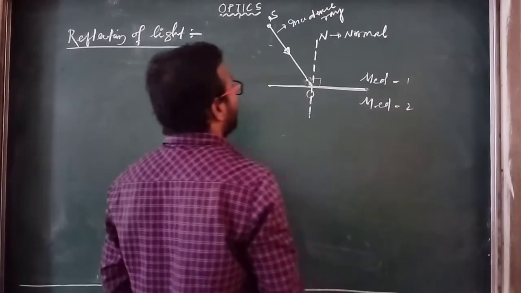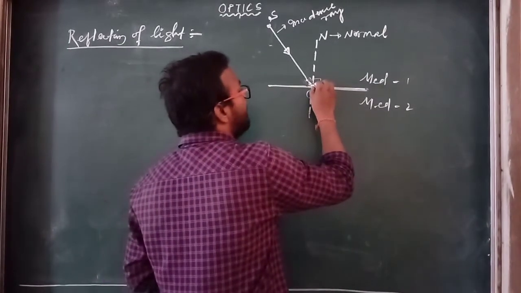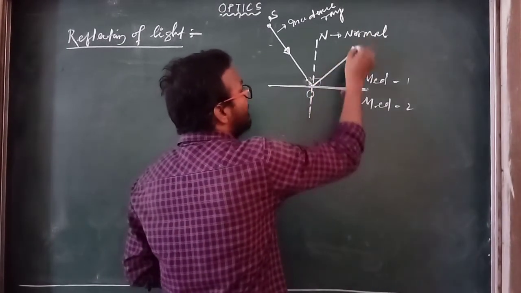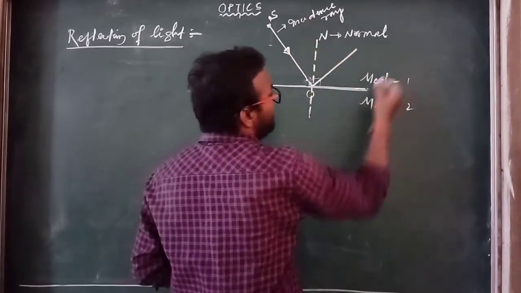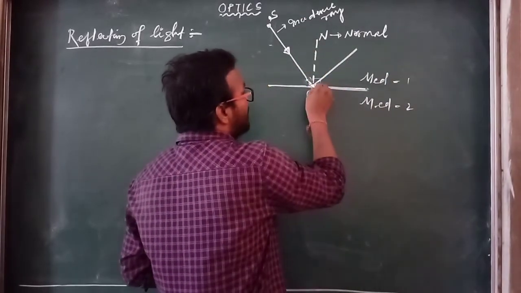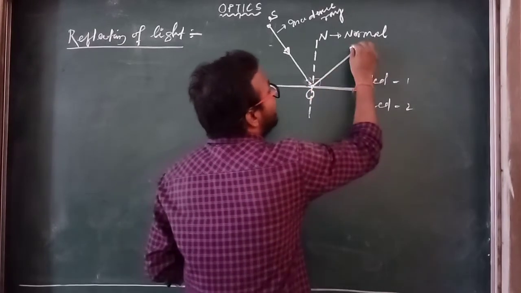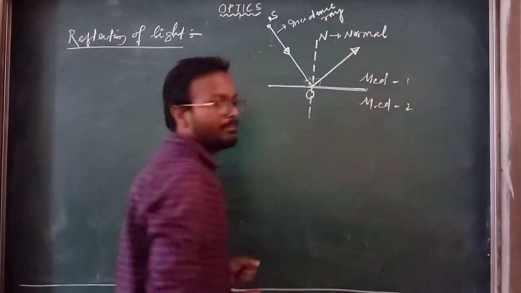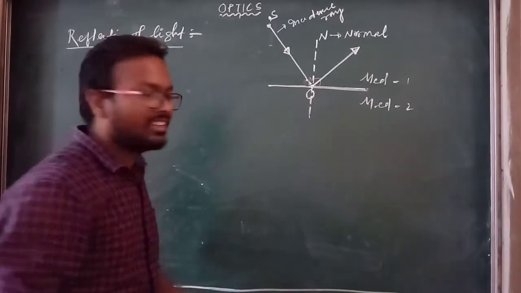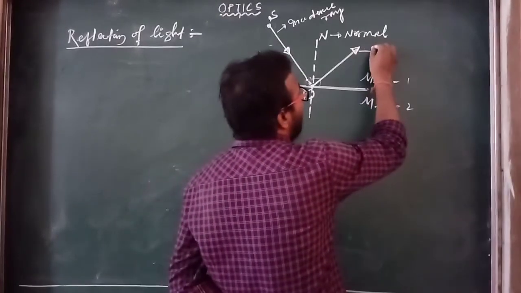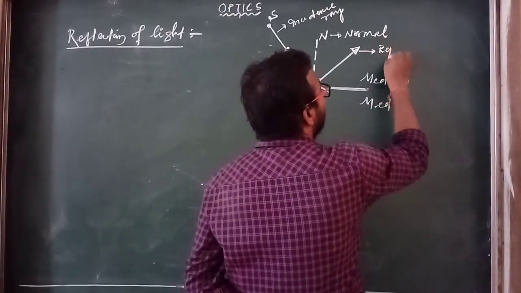Now some part of the light is reflected back to its original medium, the first medium, and that ray is known as the reflected ray.